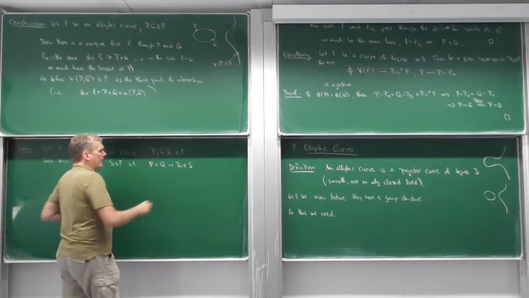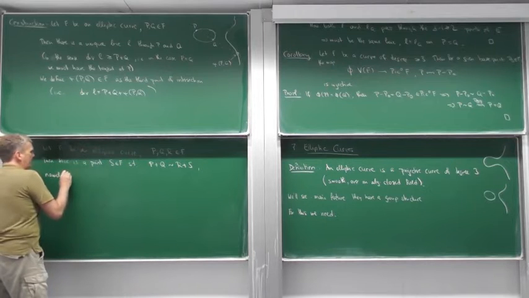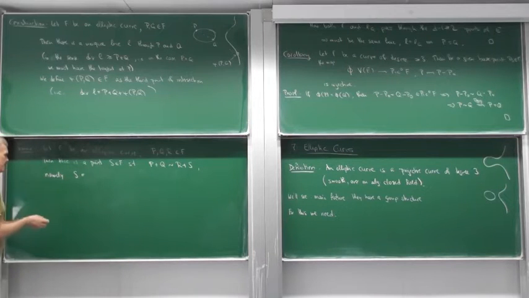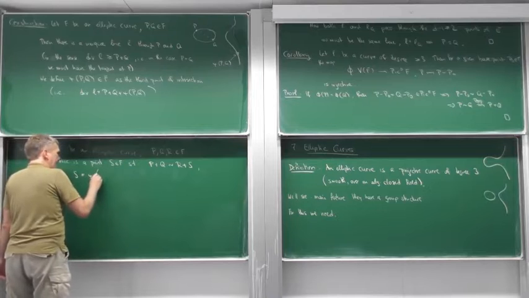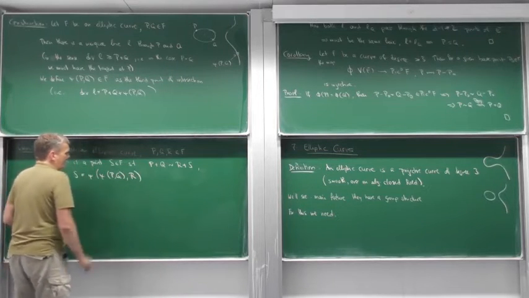And we can even say what S is, namely, we can take for S the following construction. We take psi of P and Q and then R.